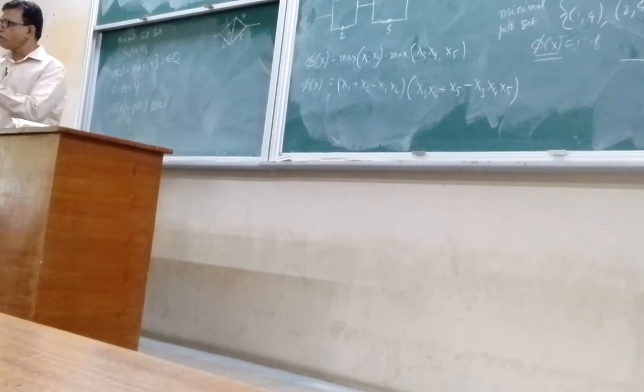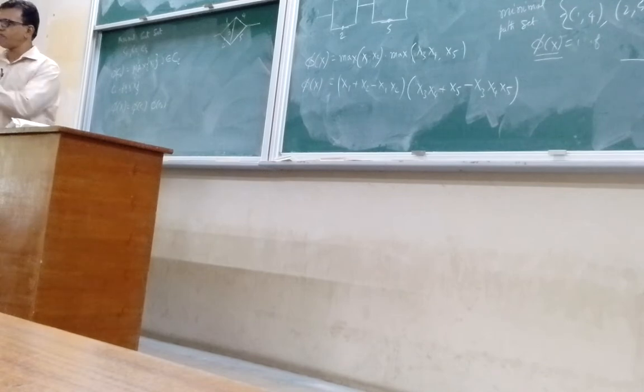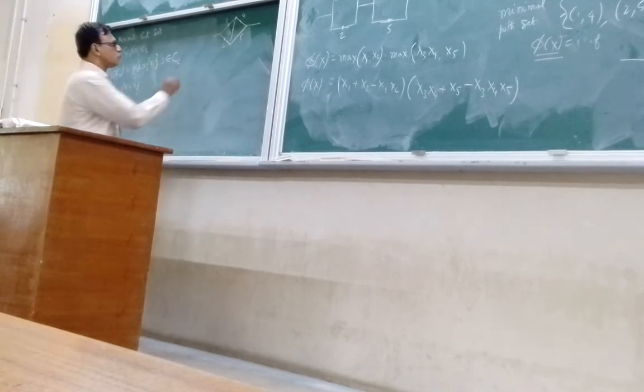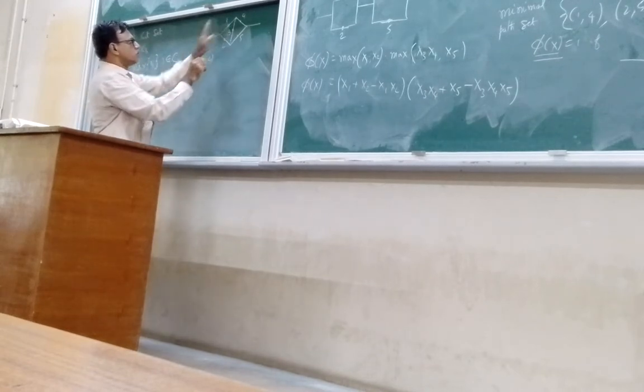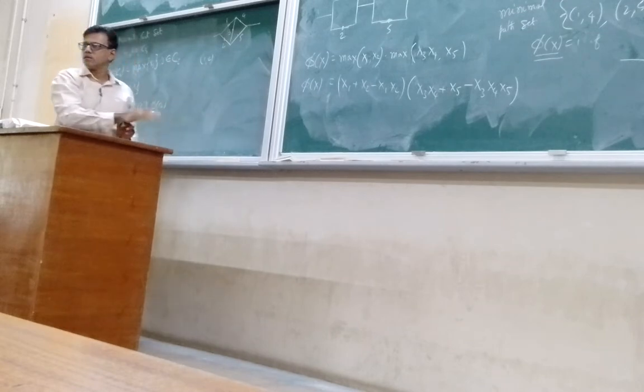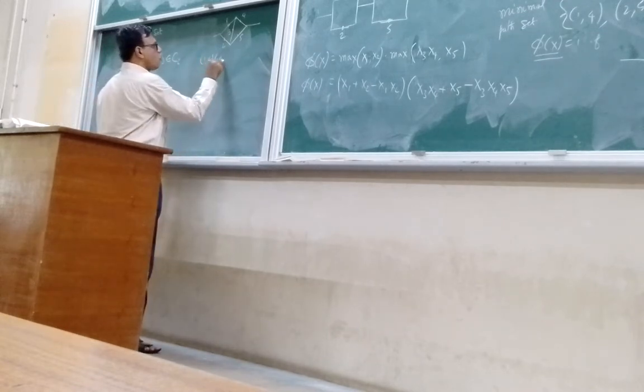And tell me a minimal such set that will isolate the input and output. Some group of components that will form one cut set. 1 and 2. If 1 and 2 are removed, the system will not work. Similarly, 4 and 5.